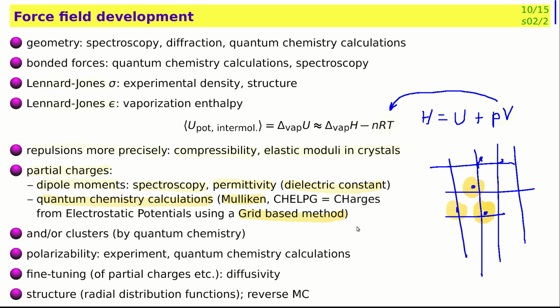Typically, if you start a calculation with a force field, you may have problems with partial charges. They may be inaccurate or not available at all, but usually you have Lennard-Jones parameters and geometry and so on.